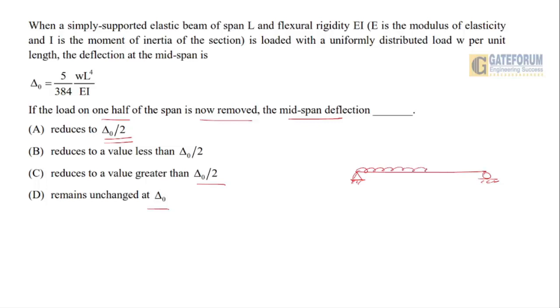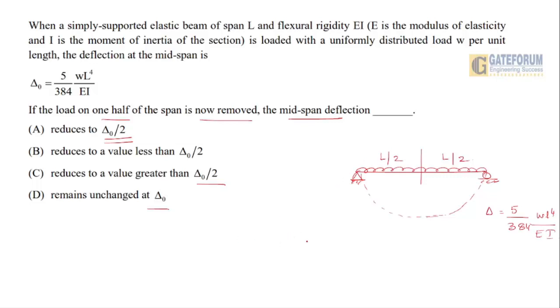So obviously when he is saying that a simply supported beam with a uniformly distributed load, over a span of L by 2, you will have a deflection in this way, right? Where delta is 5 by 384 wL power 4 by EI.